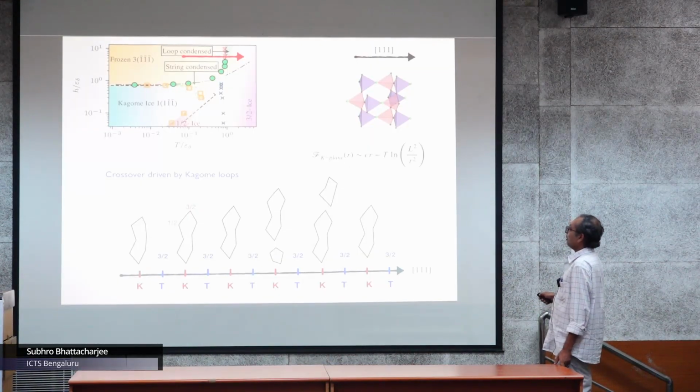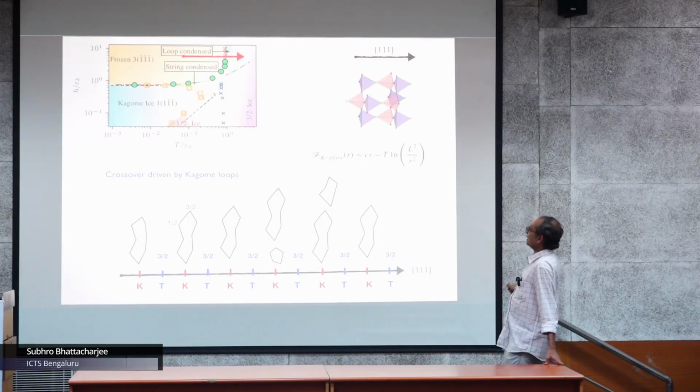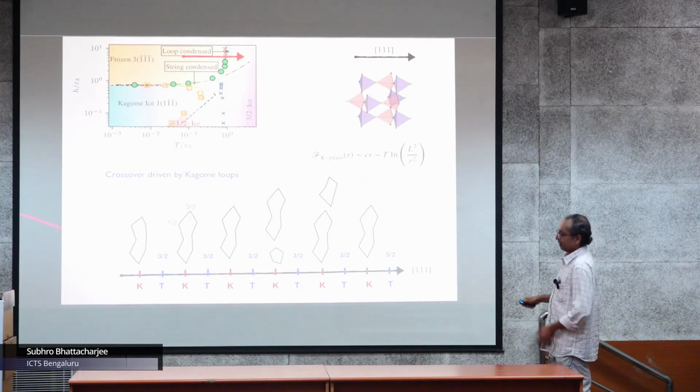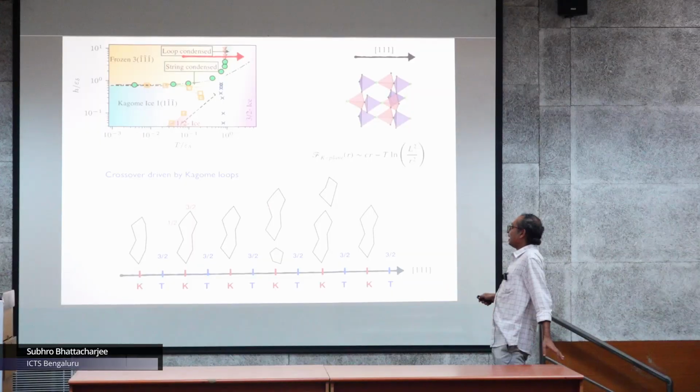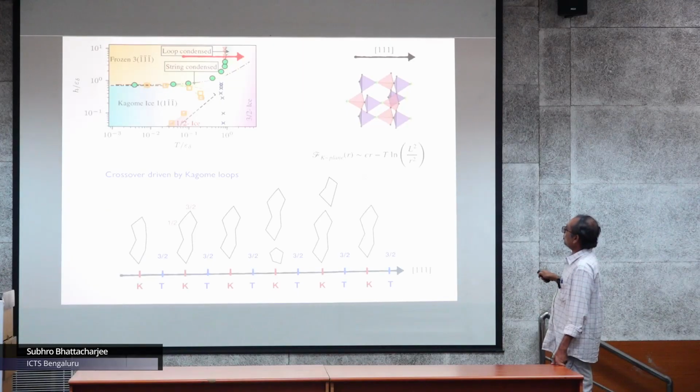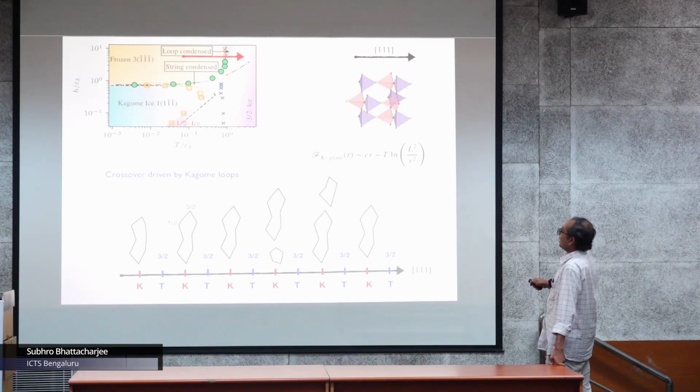But now from the free energy argument, you can show that this does not lead to a transition, because you can think about one Kagome plane and convince yourself that if you think about a loop of radius r, while the energy goes as linear in r, the entropy goes as the area of the Kagome plane divided by r squared.